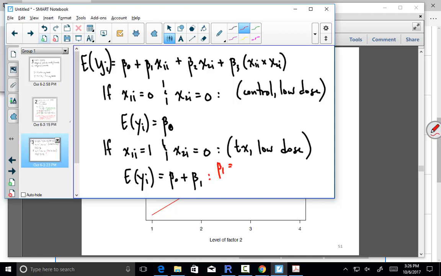Beta 1 is mean change in response comparing treatment to control in low dose group.